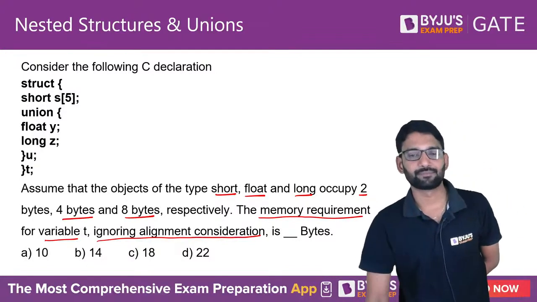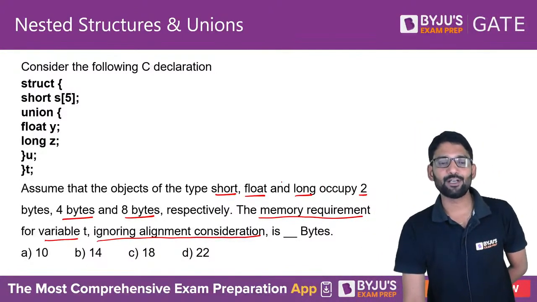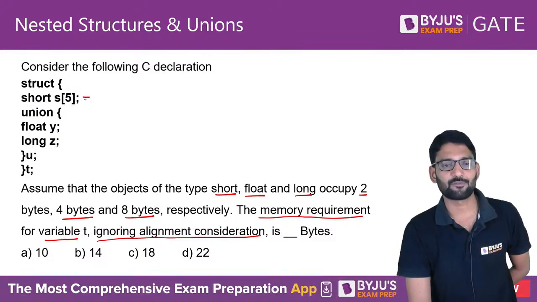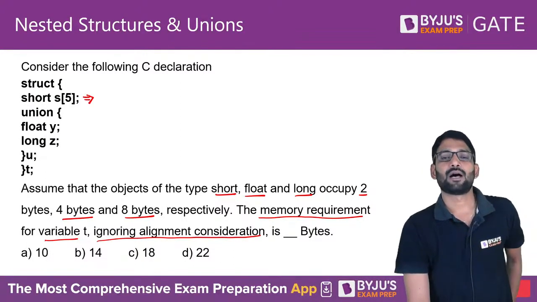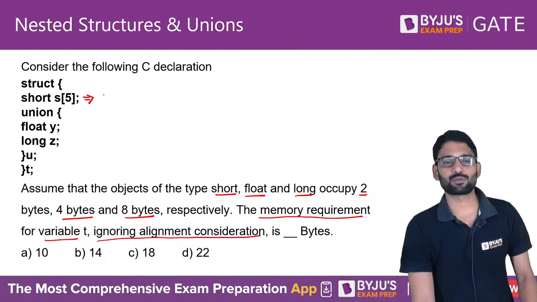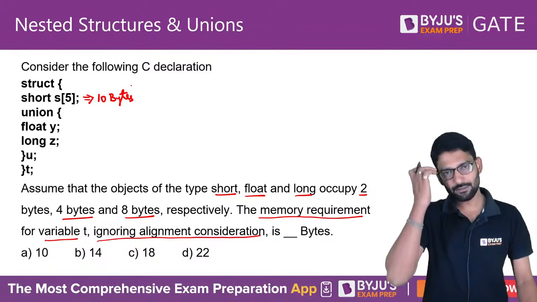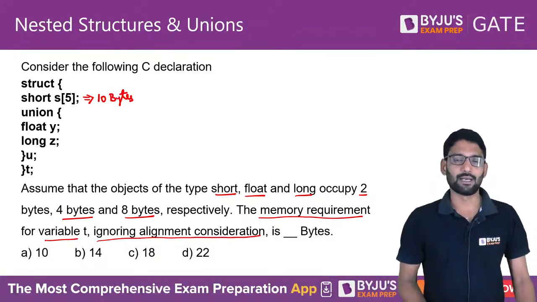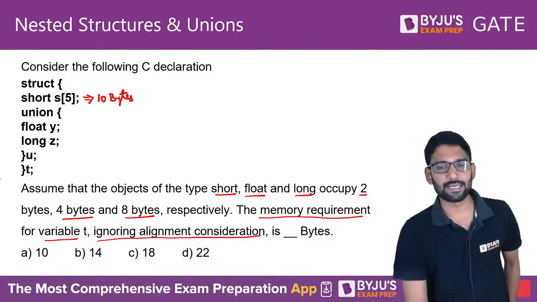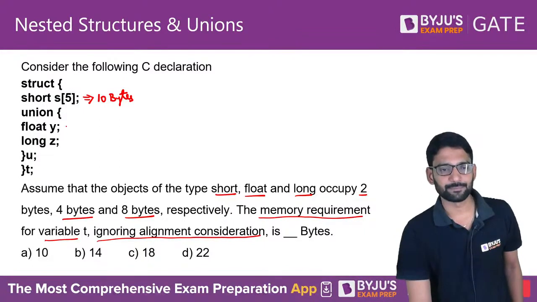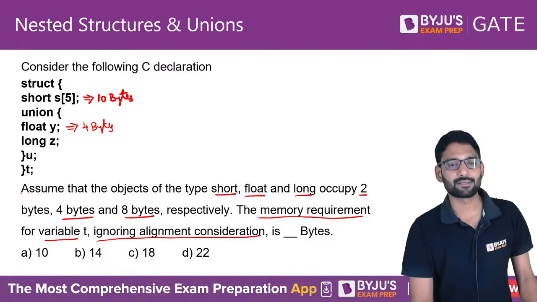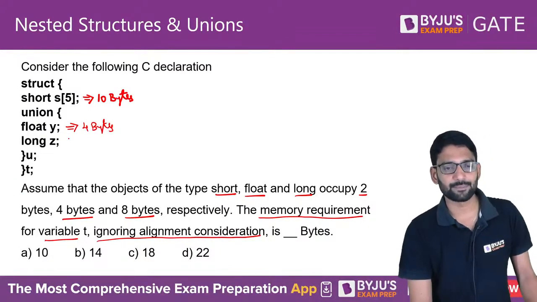Let's see. One short occupies 2 bytes, as there is an array of 5 short variables, 5 into 2, 10 bytes would be allocated for this array s, and one float takes 4 bytes of memory, one z takes 8 bytes of memory.